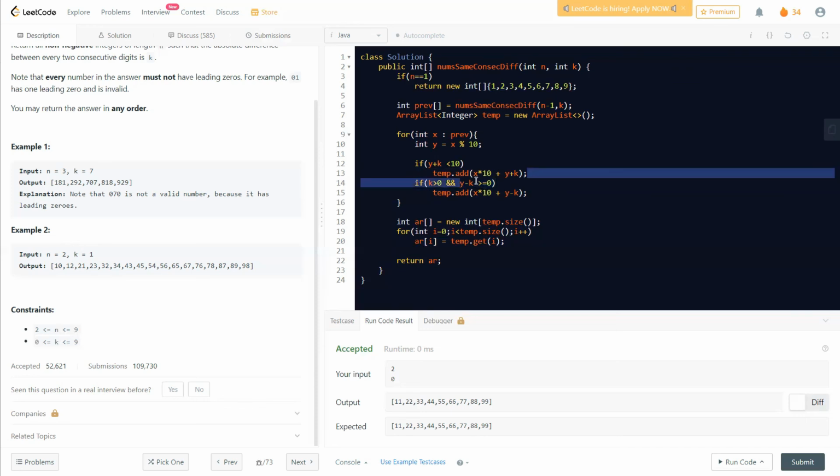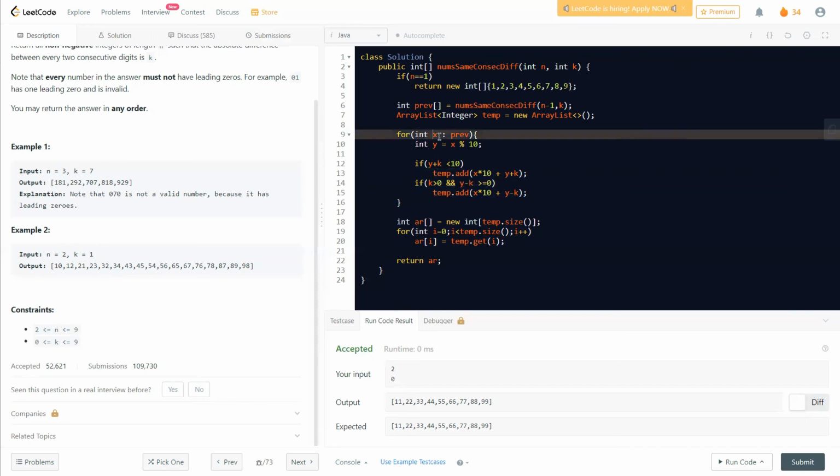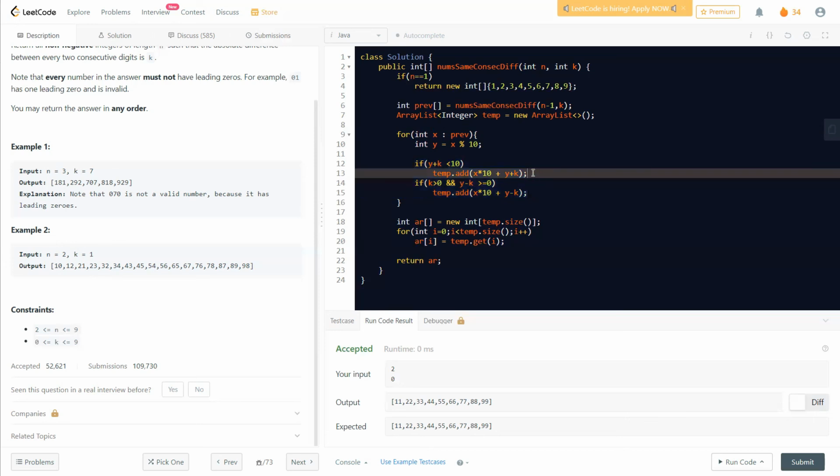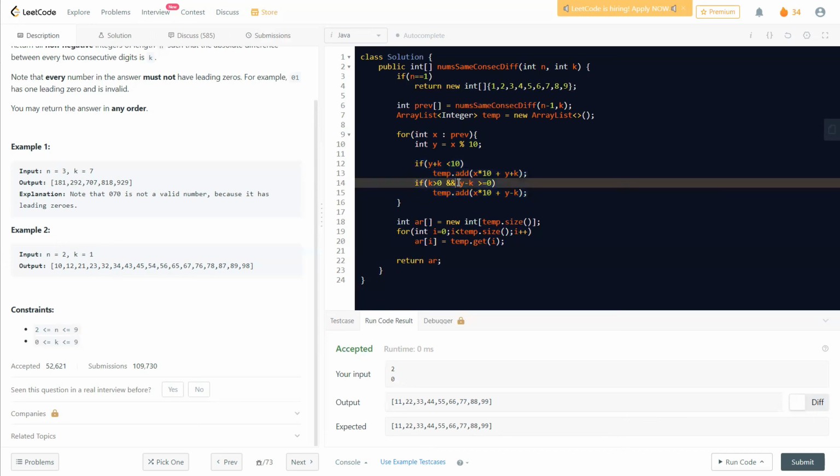We are adding numbers twice for each x, so it's also increasing the space complexity. So 2 to the power n applies when both work, if k is less than or equal to 4. If it's greater than or equal to 5, then it's complexity of order of n, because only one part is working for us. Fine. So that's more or less the whole idea of this question.